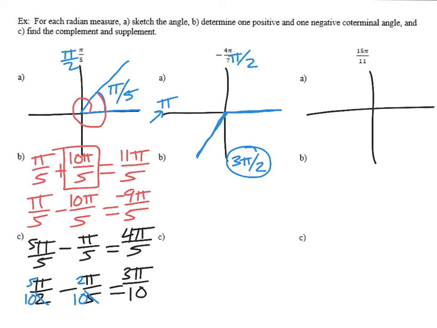Well, if I were to get negative pi over 2, this is where you just have to take your time and figure out what's going on with your angle in radians. That would be negative 4 pi over 8, right?